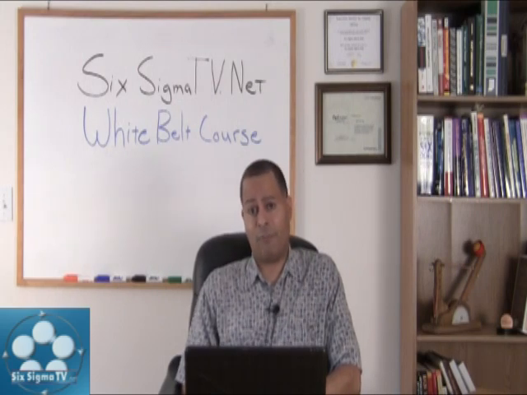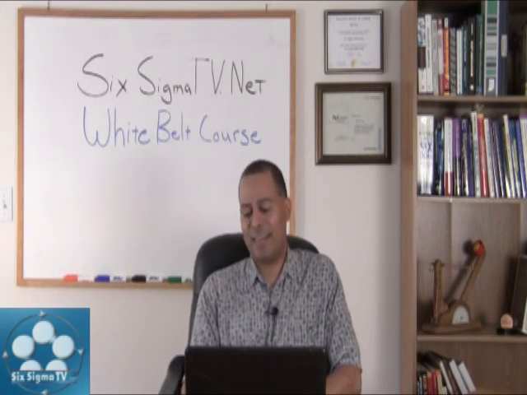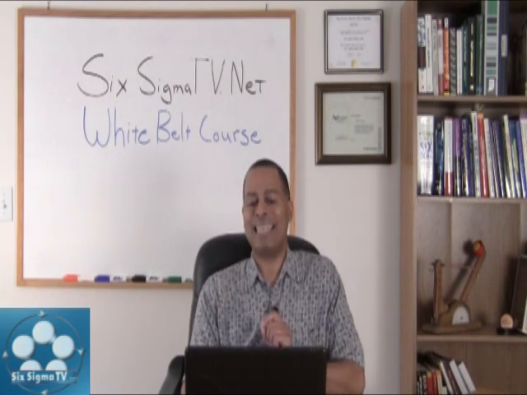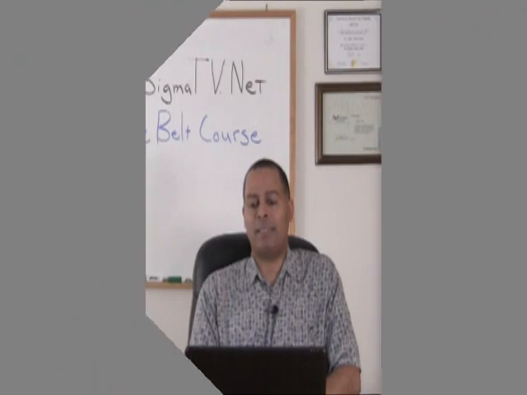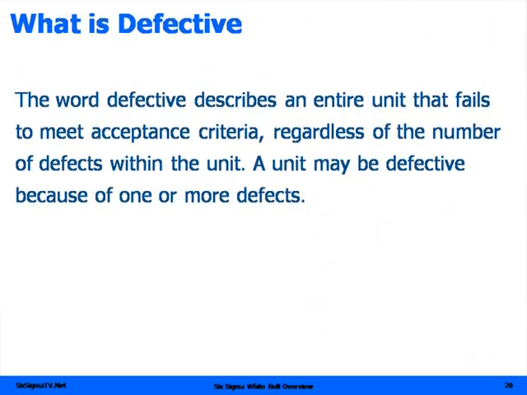Now you have a defective product. See the difference? You can have multiple defects before your product becomes defective. It describes an entire unit that fails to meet the accepted criteria, regardless of the number of defects. Sometimes it's user defined or customer defined. So keep that in mind.